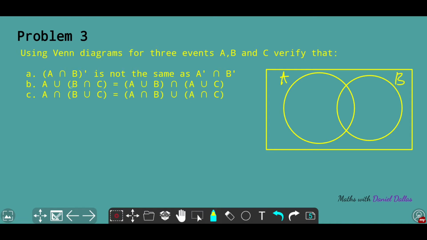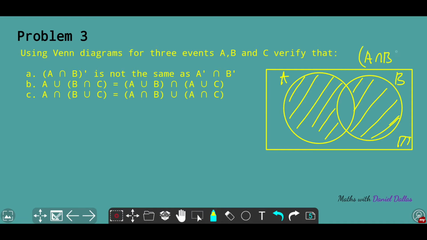So here is the intersection, which means the complement of the intersection is everything outside. So it's going to be this one, and also the complement includes this small part outside the circles. So this is A intersect with B and not.